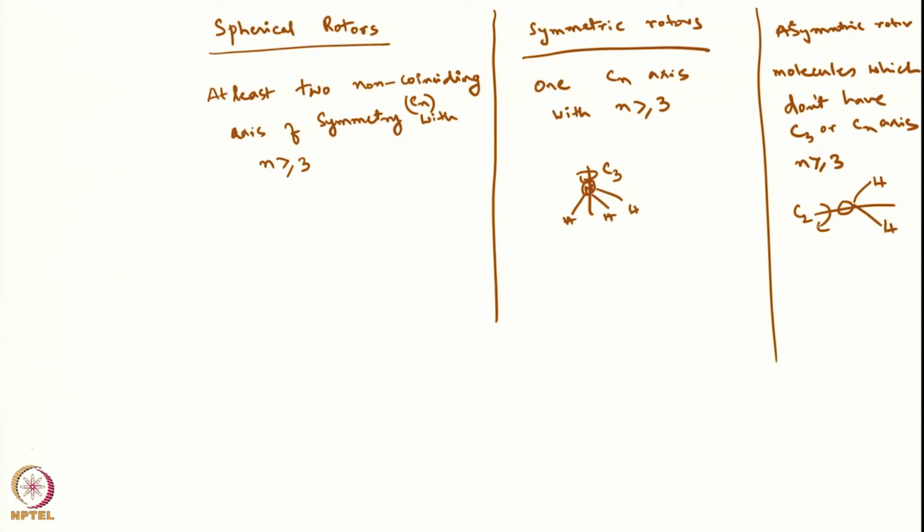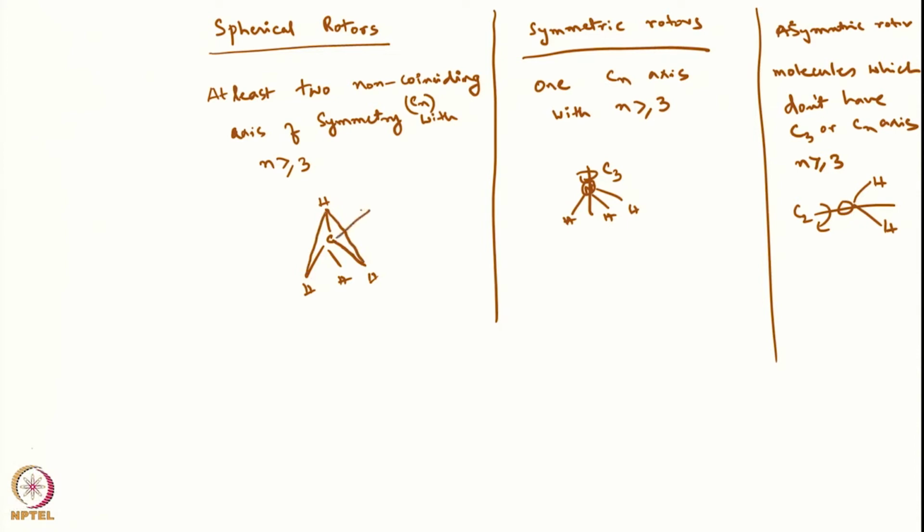So for example, if you have methane, now you can think of this as one plane and this is another plane, and each plane will have one C3 axis.